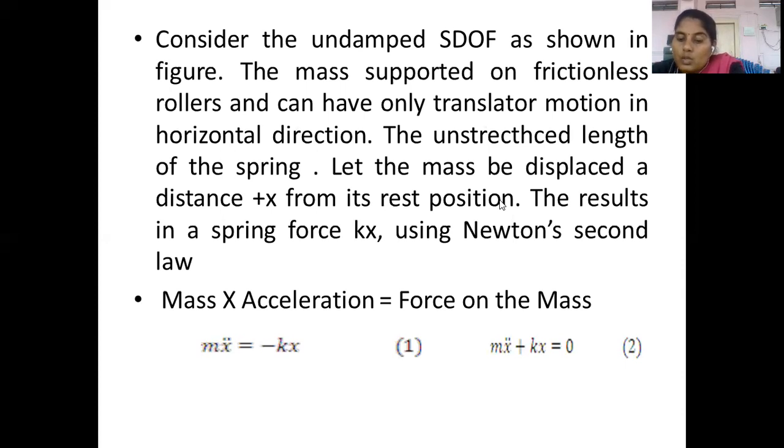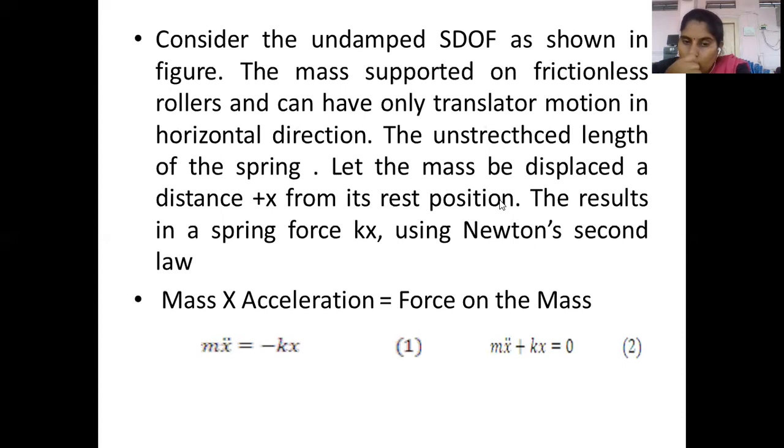Okay, so from figure number 1, by assuming a free body diagram of it, m x double dot is equal to minus k into x.